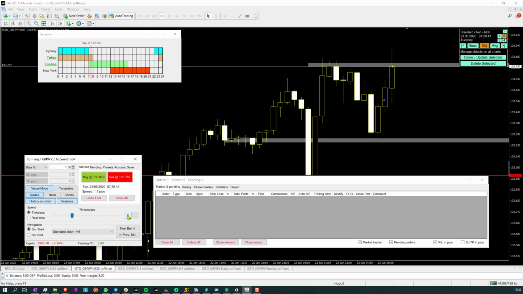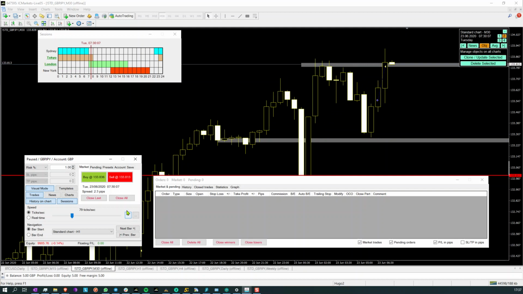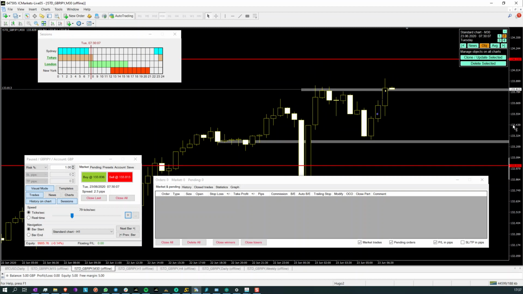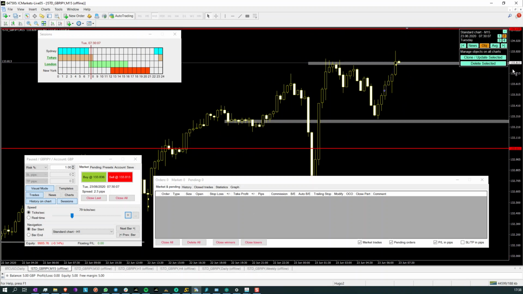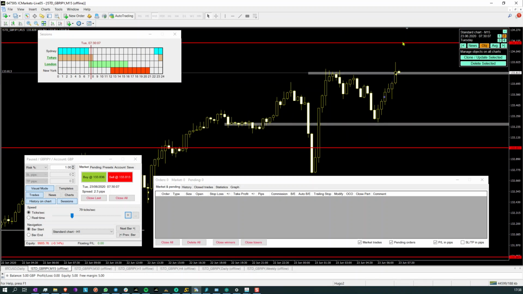Can we close above? 1 minute, closed. Okay, we closed above those ones. We didn't close above the wicks, but we closed above the closes. So if we move up, I think there's a very good possibility of price to get into that 4-hour zone at least.